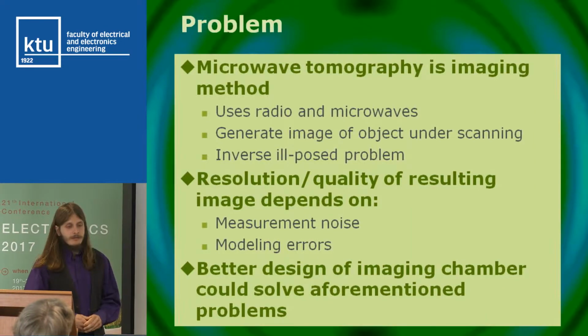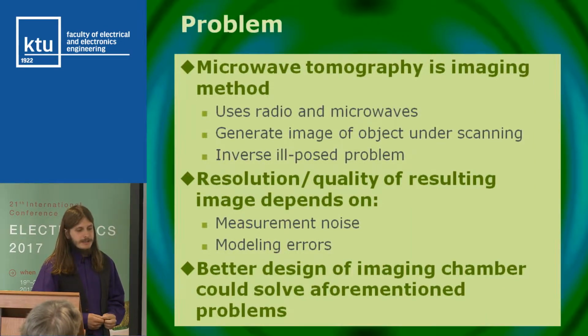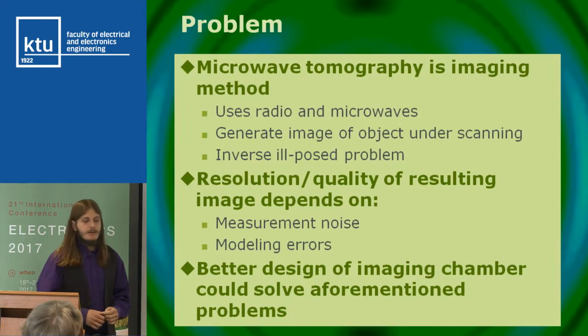Okay, I'm Milos from the University of Novi Sad in Serbia. First of all, what's the subject of this paper? It's about microwave tomography. You have one antenna which transmits electromagnetic millimeter waves or radio waves, and they are scattered by some object under scanning, and these scattered waves are measured with other antennas.